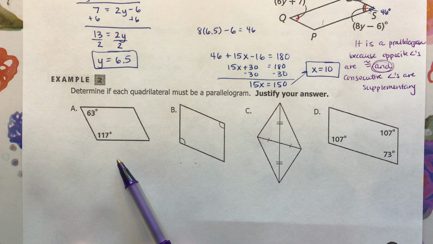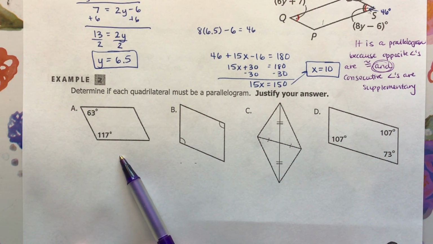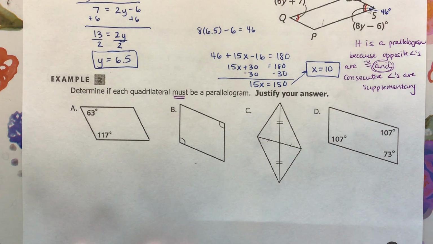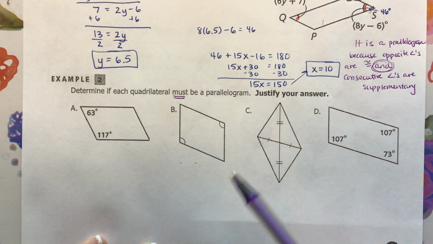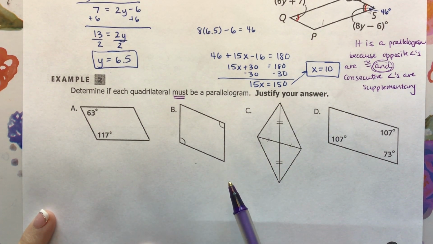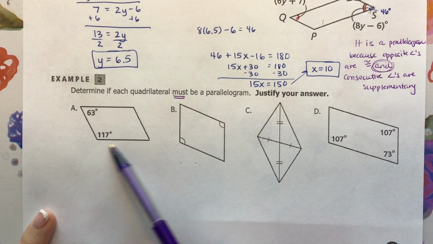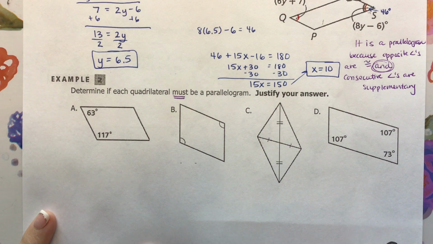We are not allowed to just assume anything. So we are determining if something must be, meaning there's no other way for it to be anything else. And the way that we can determine if it would or wouldn't be is if we can come up with a counterexample that still meets these requirements.